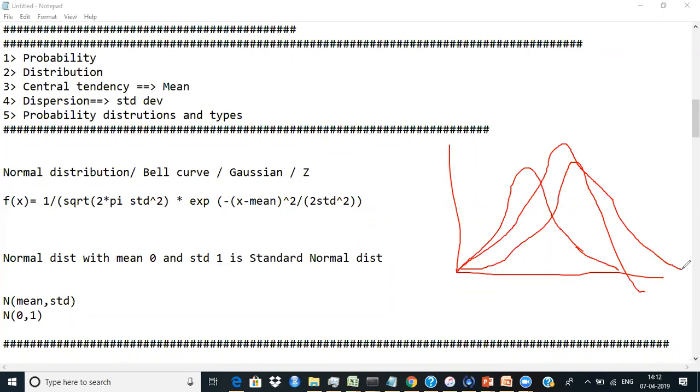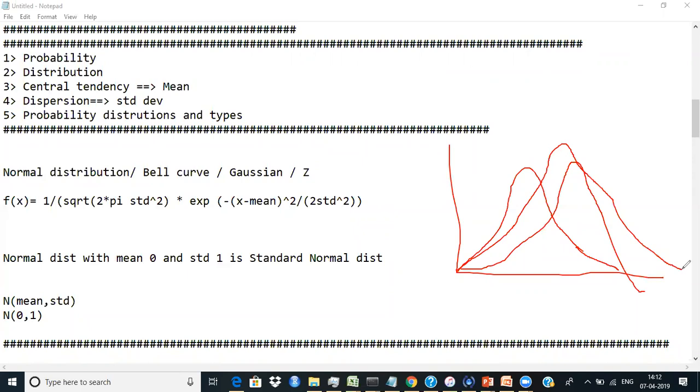So if anybody talks about some variable following normal distribution, you should ask that person, what is the mean, what is the standard deviation? Make sense? These are known as parameters of a distribution. Parameters mean the variables which you need to give in order to form the distribution.